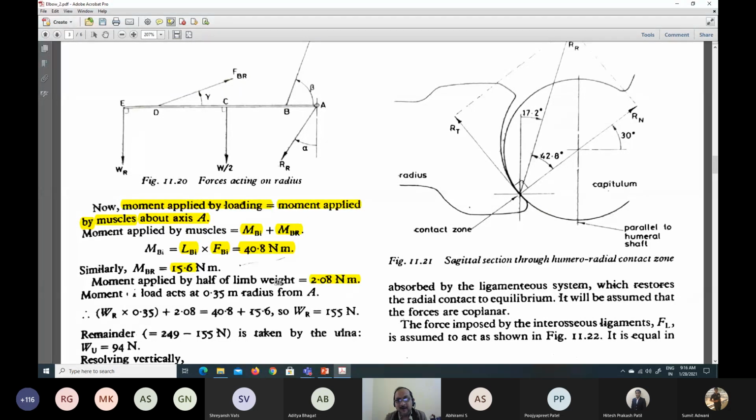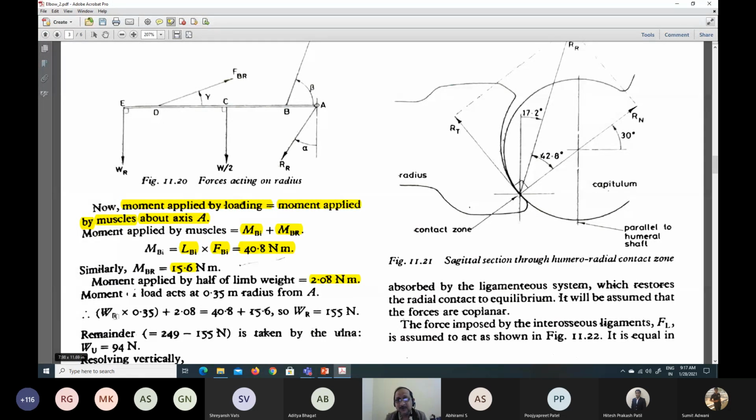And the only unknown in this equation is WR, that is the amount of weight carried by the forearm, in this case, the amount of weight carried by the bone radius.